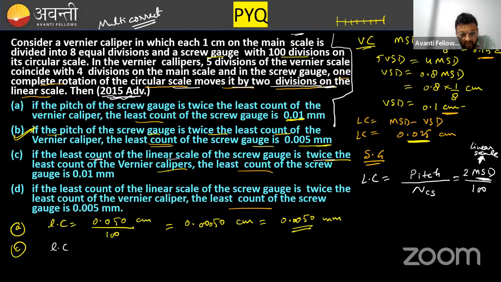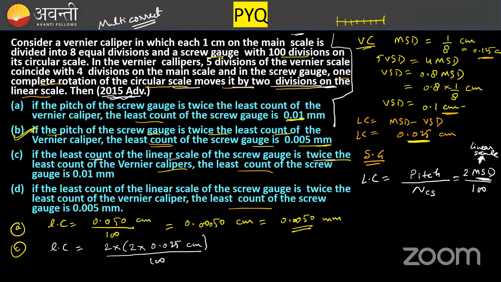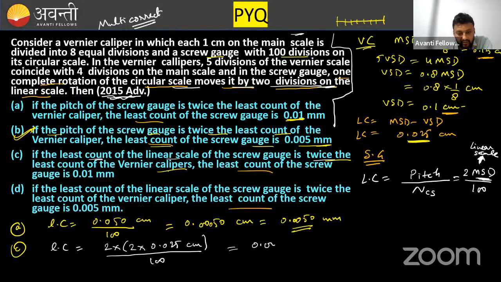That means least count is 2 into main scale division is 2 times of vernier calipers least count, that is 0.025 centimeter divided by 100. कोई सॉल्व करेगा इसको, कितना आएगा? 0.001 centimeter.